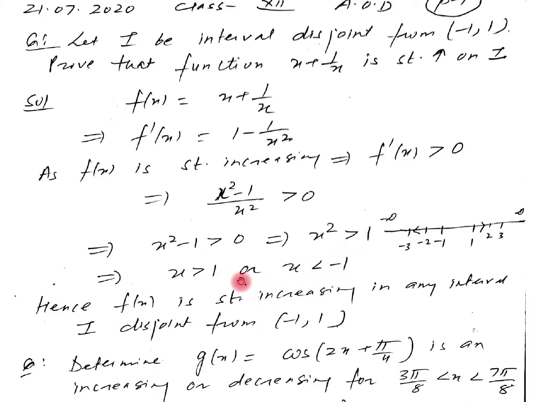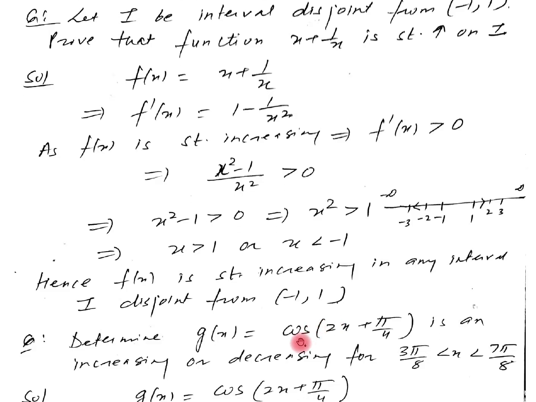So our function is increasing when either x is greater than 1 or x is less than -1. It means leaving the interval [-1, 1]. Therefore, we can say f(x) is strictly increasing in any interval I disjoint from this interval. This is about the question.